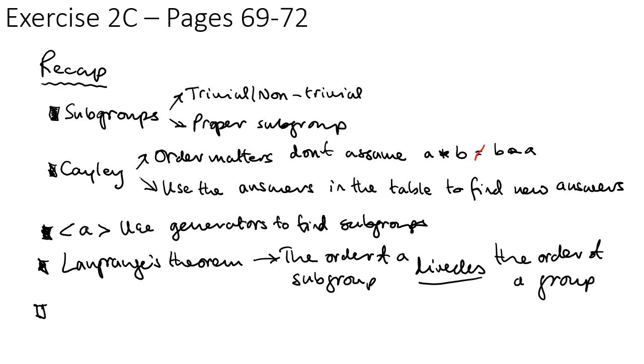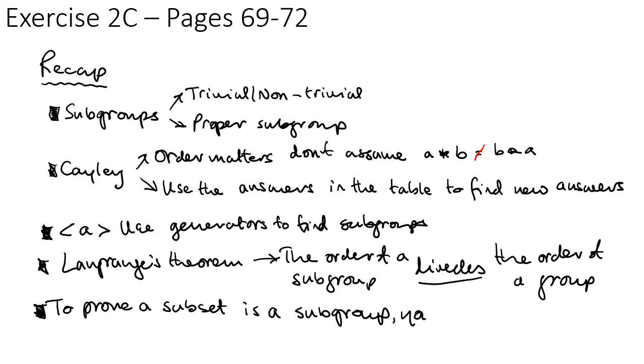And lastly, one quick way to check if a subset is a group, all you need to do is to check that the subset is closed, and that will prove that it's a group. Okay, so to prove a subset is a subgroup, you only need to check for closure.